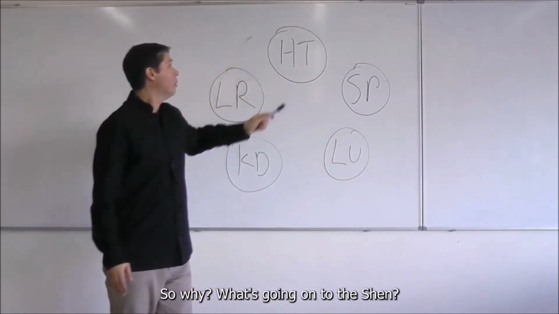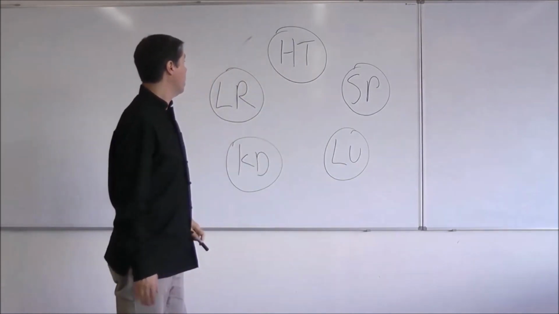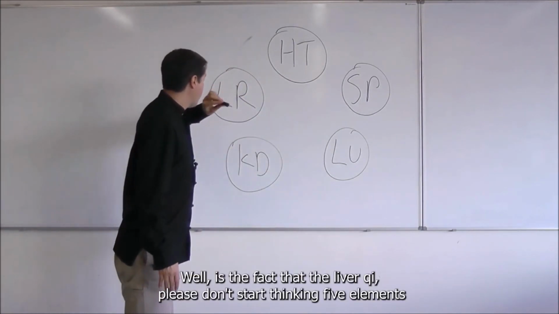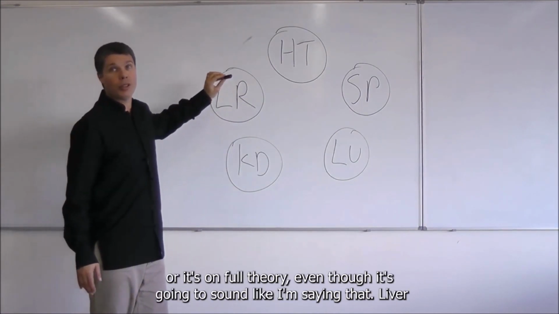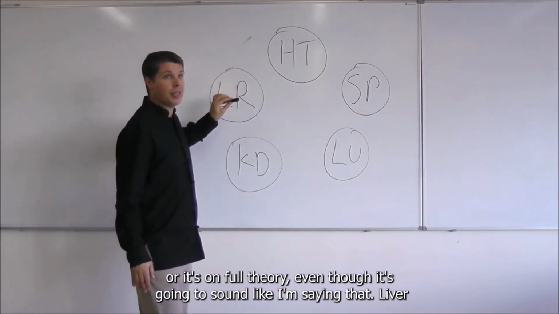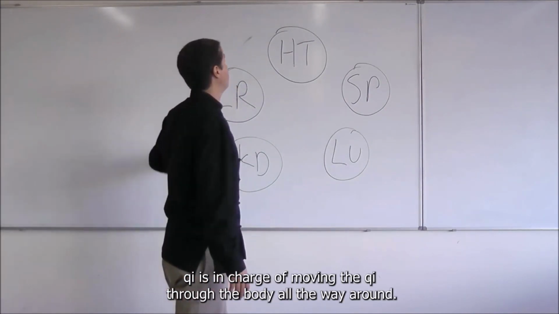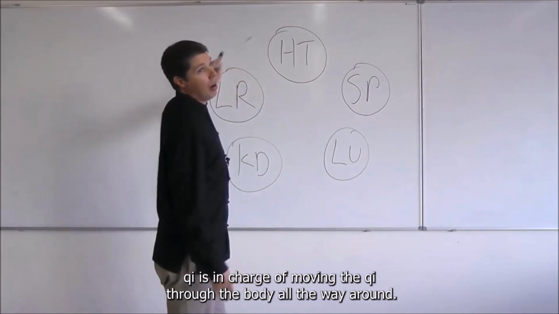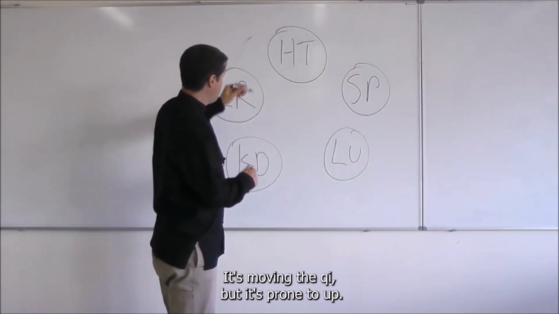So why? What's going on with the shen? What's happening here that it's being affected? Well, it's the fact that the liver qi, please don't start thinking 5 elements or Zangfu theory, even though it's going to sound like I'm saying that. Liver qi does what? Liver qi is in charge of moving the qi through the body, all the way around. But it's prone to up.